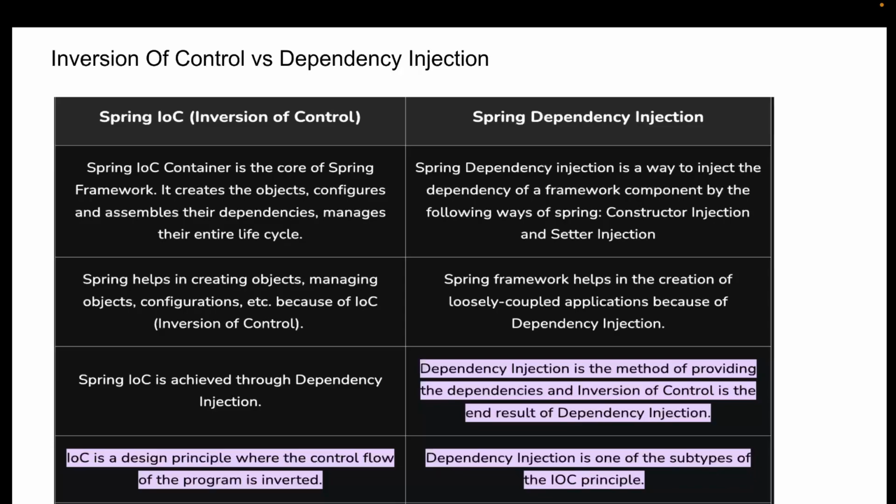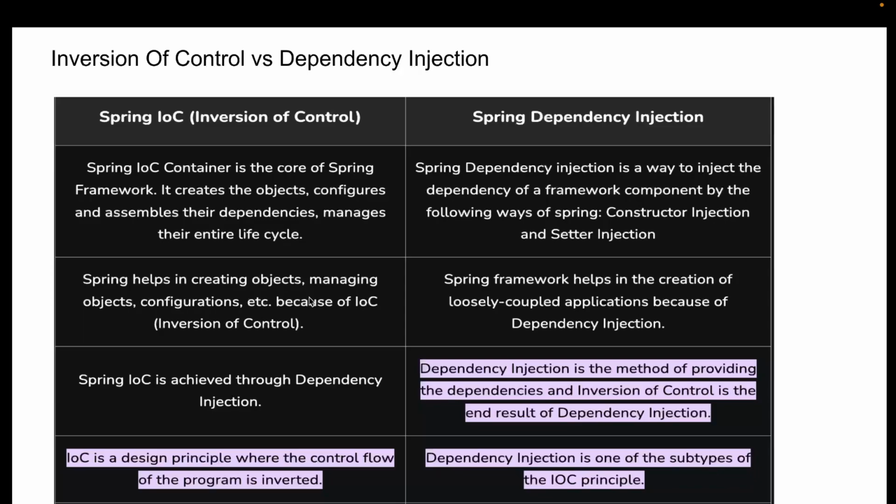We want the help of a component in some other component, like in the previous diagram that we saw, the service layer needs the help of the repository layer. So the repository layer is a component that needs to be injected in the service layer. So this is an example of dependency injection, and this can be done in two ways, constructor injection and setter injection.